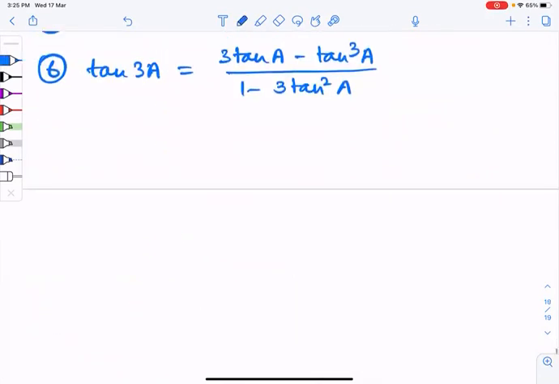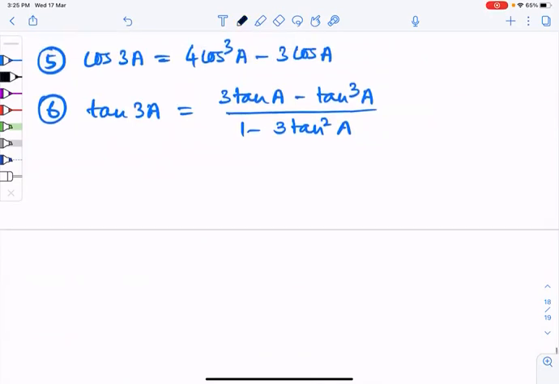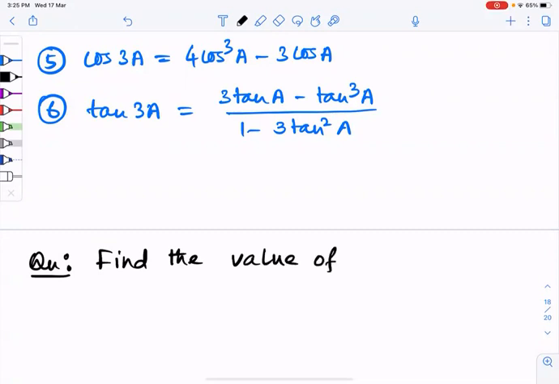Now here we take one question. Find the value of tan 22.5 or sine 22.5. First find sine 22.5.